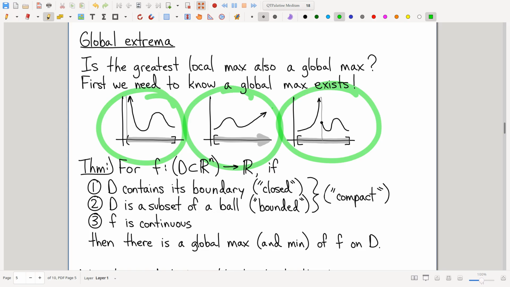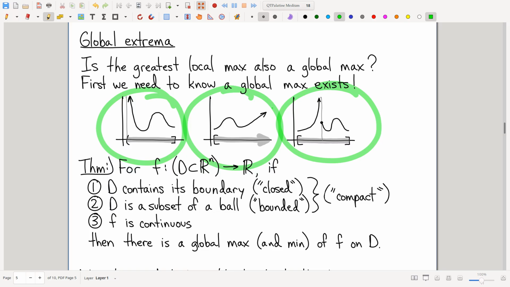I don't think these are hard to figure. You look here on this one on the left. The left endpoint is kind of open, and the function just gets as big as it wants. There's nothing to stop the function from just getting arbitrarily huge. There is no maximum there.